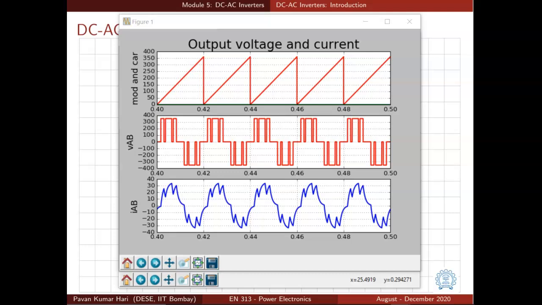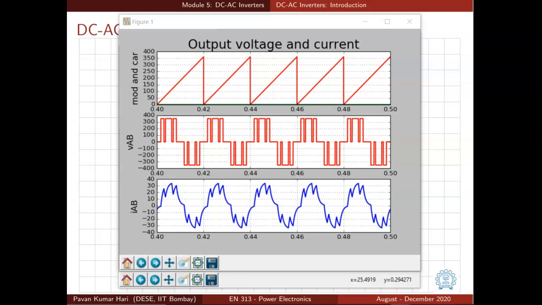Next we have gone a step ahead and calculated the switching angles that are required to nullify harmonics of the order 5n also, in addition to 3n. So the magnitude of the 3n harmonics will be 0, and also 5n will be 0, right?